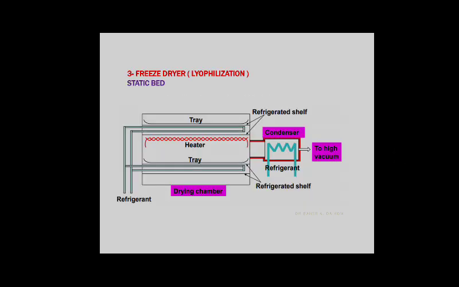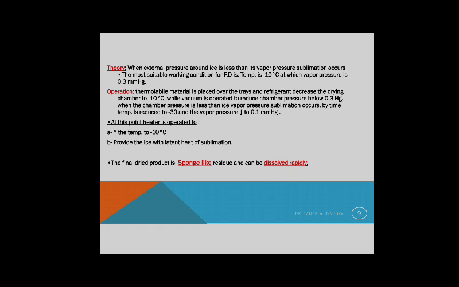Freeze dryer or lyophilizer or lyophilization. When external pressure around ice is less than its vapor pressure, sublimation occurs. So, the most suitable working condition is a temperature of minus 10 degrees centigrade, at which vapor pressure is 0.3 millimeter mercury.